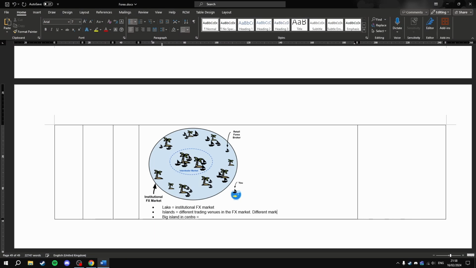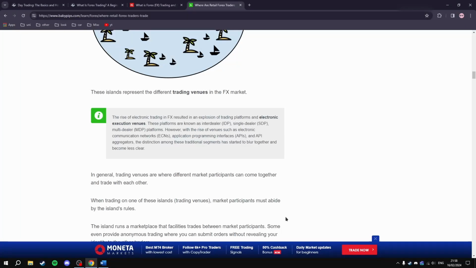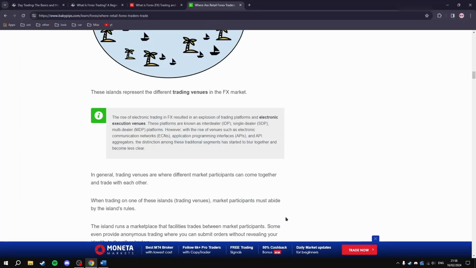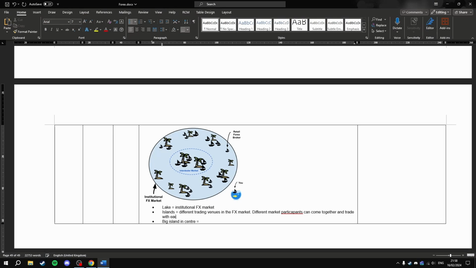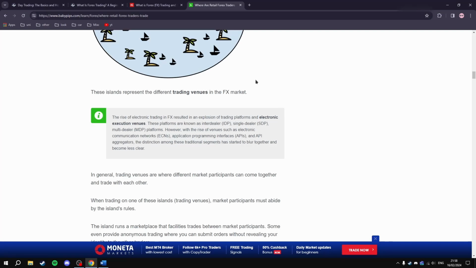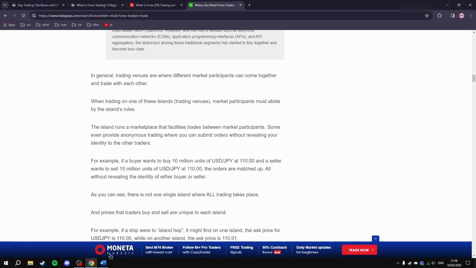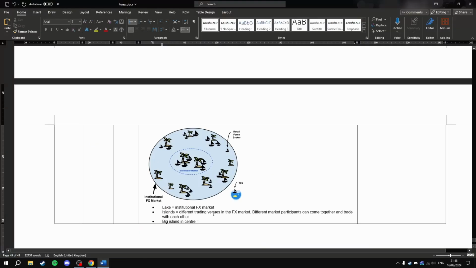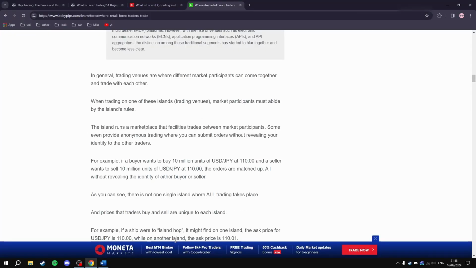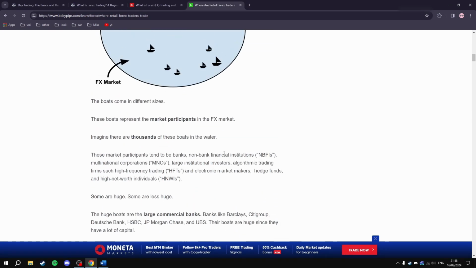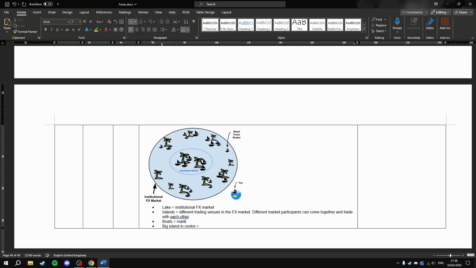Different market participants can come together and trade with each other. Boats equals market participants.